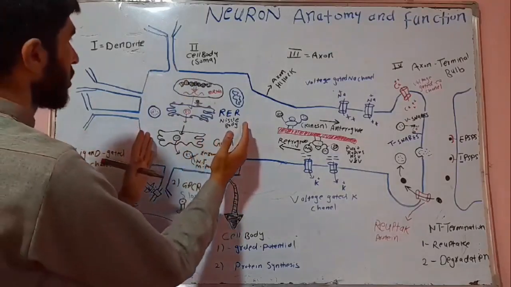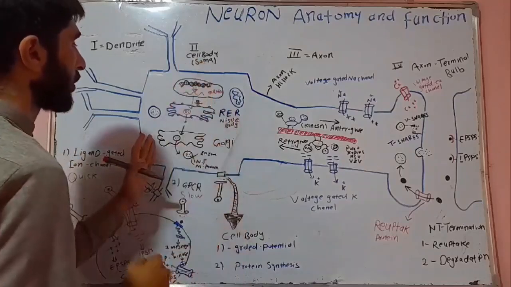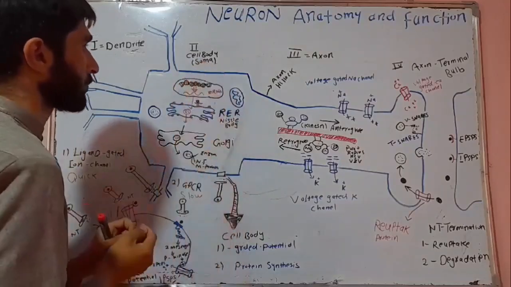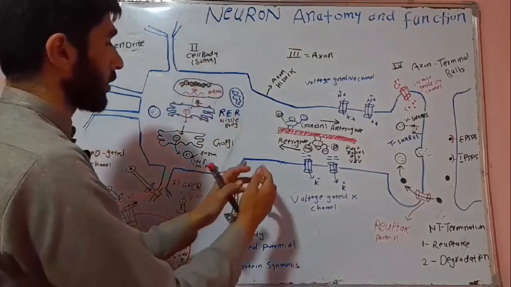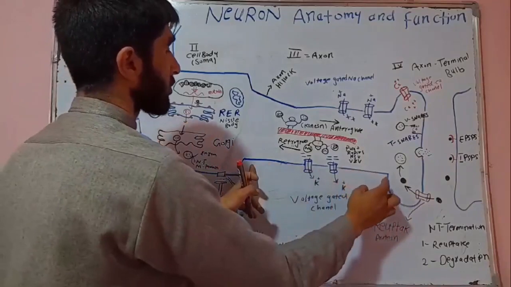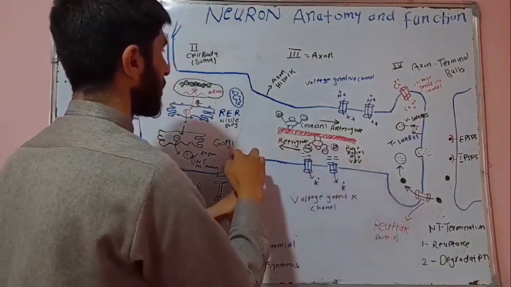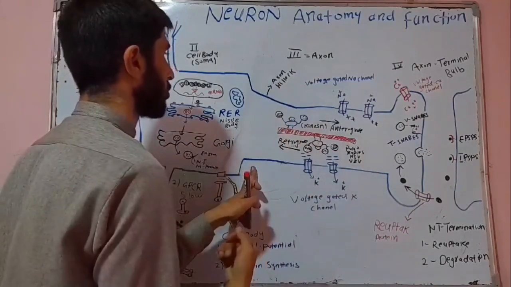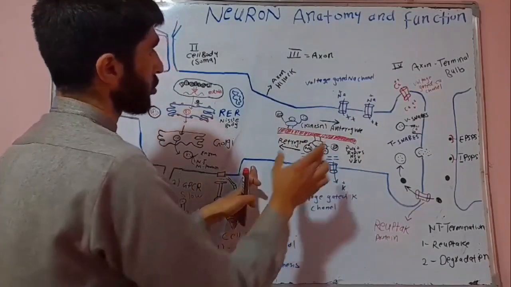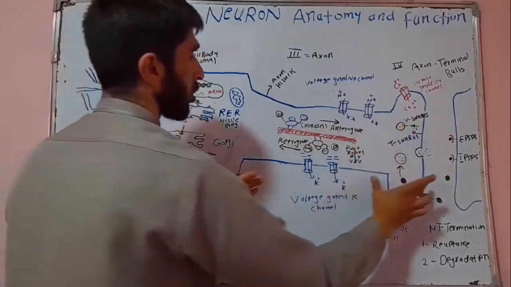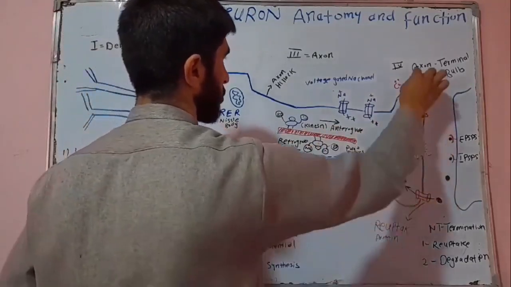The middle portion is called the cell body, also called soma. The portion between the axon and cell body is the axon hillock. This portion is called axon. The end portion of the axon is called the axon terminal.